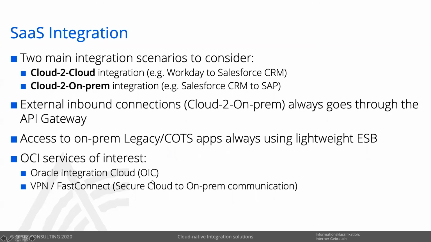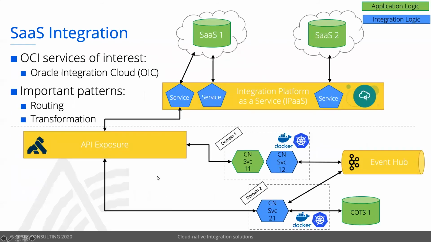Or you leverage, if you don't want to implement an API gateway on-prem, or you don't have an API gateway, you can also leverage the respective on-premise agent provided by Oracle Integration Cloud. And from an architecture perspective, it looked like that. So on-prem, I depicted an API gateway. Here I put in Kong.